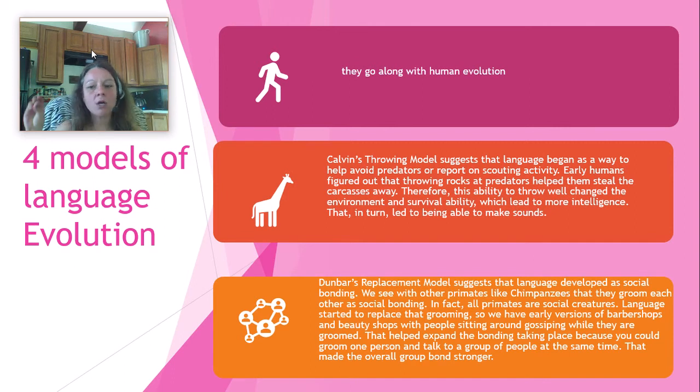Being able to throw, once again, involves fine motor skills with our hands, and our mouth here. So the better they got at throwing those rocks and hitting those animals, the more sound got associated with it. Throw a rock, make a noise, it's going to scare the animal a little bit more, right?